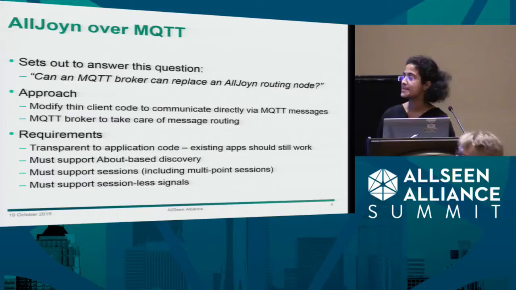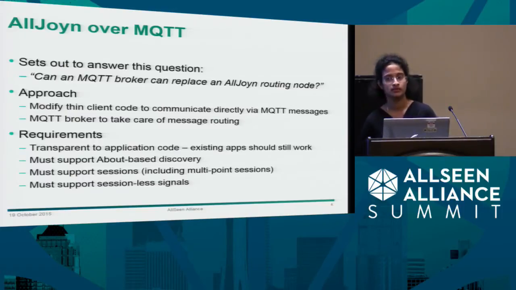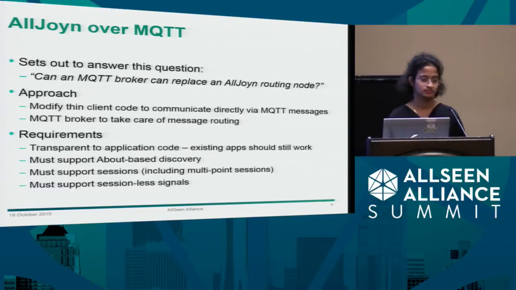So, what are we doing? AllJoyn was designed primarily to focus in the short term on proximal networking use cases, devices that are in close physical proximity on the same subnet, and the protocols that were chosen, such as mDNS for discovery, were all based around the assumption that we were going to be connecting maybe hundreds of devices.